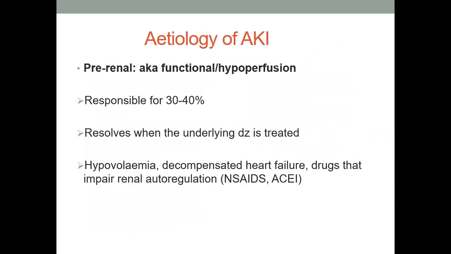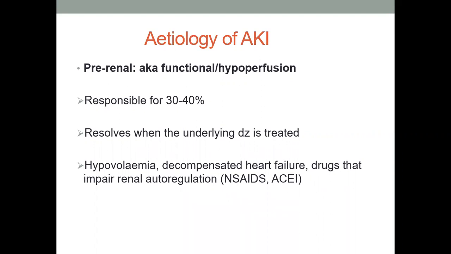All right, so etiology, we did say that it could be pre-renal, also known as functional AKI, which results from hypoperfusion. It is responsible for 30 to 40 percent of cases of AKI. The good thing is that it resolves when you treat the underlying disorders.